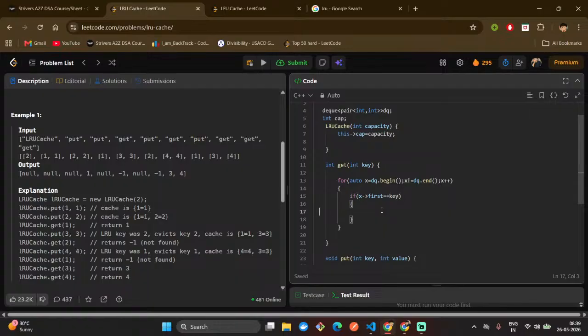Like we have to do a dq dot erase x and just break. Not a break. dq dot pop back. Push back x.